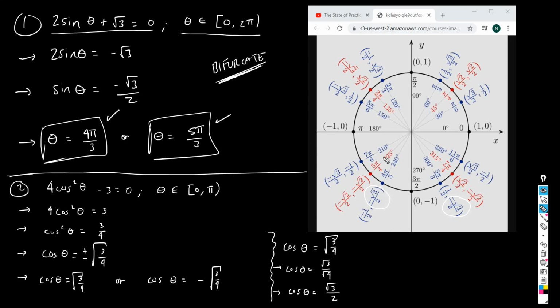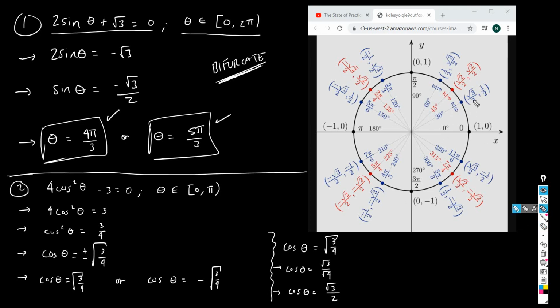Okay, so I have the cosine of theta being equal to the square root of 3 over 2. At this point, I go to my image. And since I'm dealing with cosine, I should be looking at the x-coordinates of all of these points, and so on. And for which angles do I encounter that the x-coordinate is equal to this?